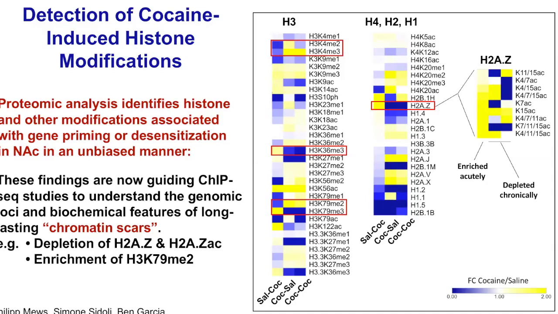And what he found is a marked enrichment of nucleosomes for total H2AZ or for H2AZ acetylation in acute cocaine conditions, and a marked depletion of H2AZ or H2AZ acetylation in these 30-day withdrawal conditions, just looking at nuclear extracts in total. So what Philip has started to do now is to perform ChIP sequencing on these different types of histone modifications, and I'll show you data for H2AZ.